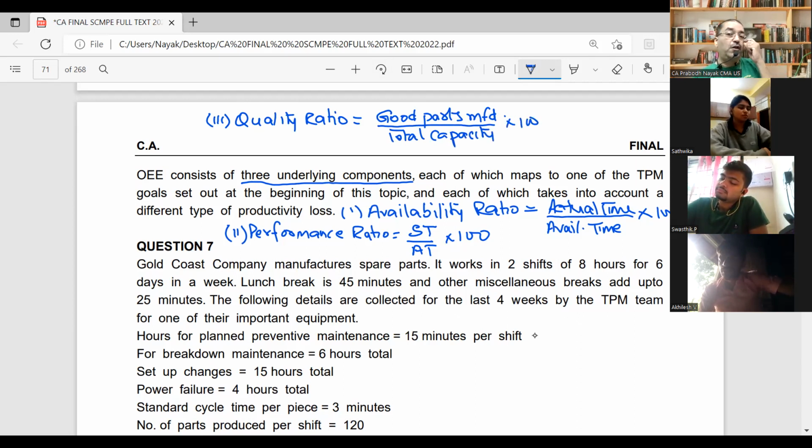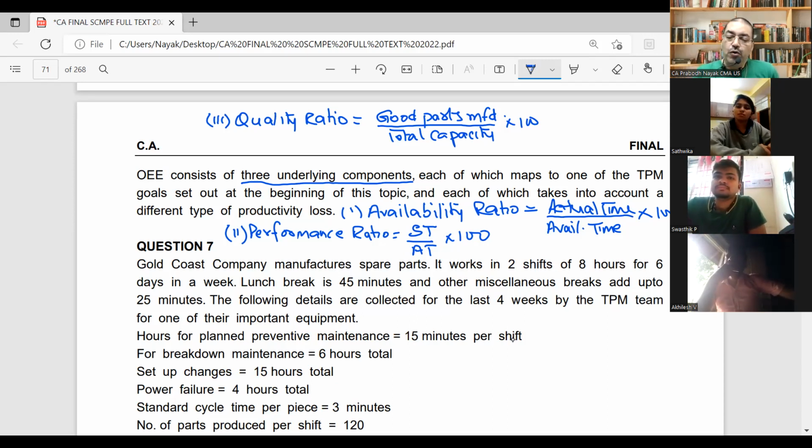Suppose my total capacity to manufacture is something like 100 units, and I have actually manufactured only 80 good units. Then the quality ratio is 80%. So total capacity is 100 units, good parts manufactured only 80 units, so 80 upon 100, 80% is the quality ratio.